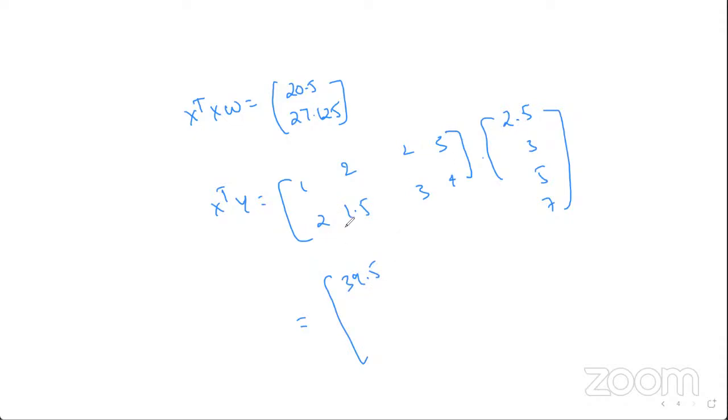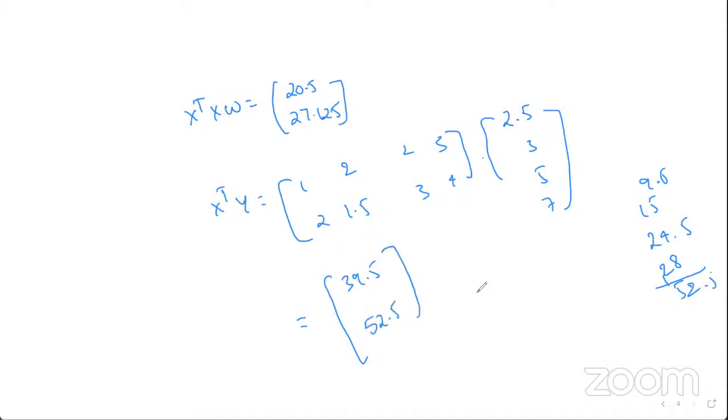Okay, and for the second one, 2 into 2.5 is 5, plus 3 into 1.5, that's going to be 4.5. Okay, 4.5 plus 5, 9.5, 9.5 plus 15, 24.5, and then we have this 1 plus 28, and this is going to be equal to 52.5.